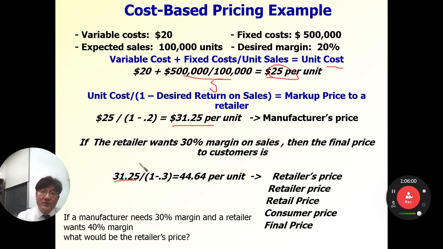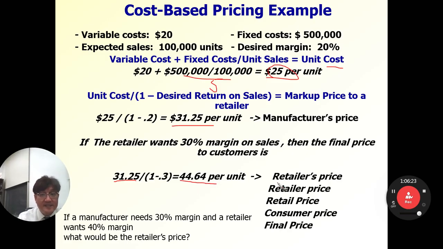So this is going to be the cost to the retailers, and they charge a 30% margin on sales. Then you divide this unit cost for the retailer by 1 minus 0.3. Then it is 44.64 per unit.